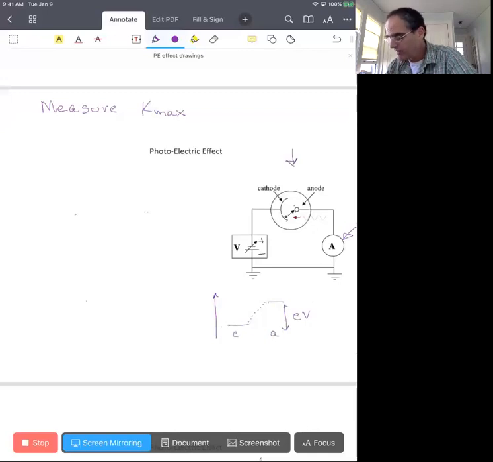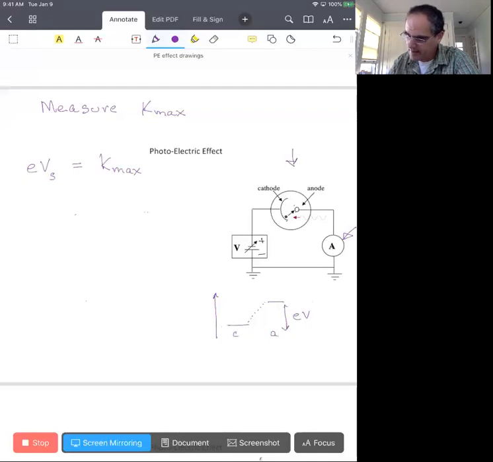And finally, when the potential energy barrier is as large as the maximum kinetic energy, then no electrons will have enough energy to cross from cathode to anode. The critical point where the current goes to 0 should be the following. It's the point where the height of the potential energy hill is equal to K max. We call that special voltage the stopping voltage. So I'll write it here.